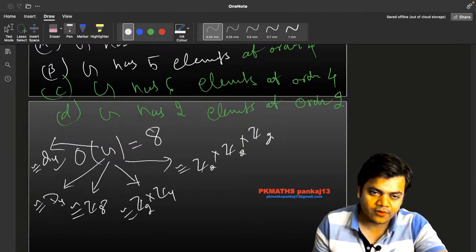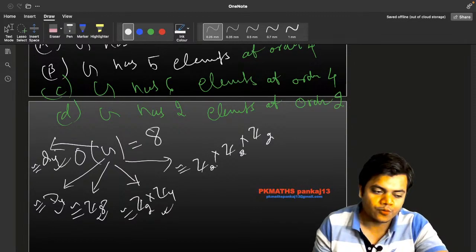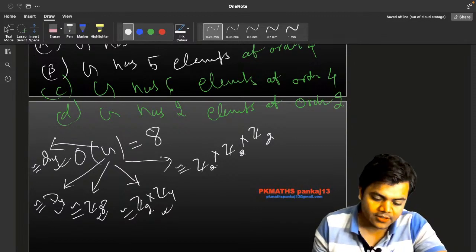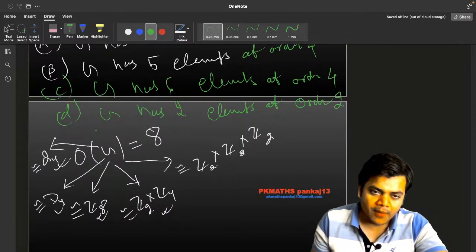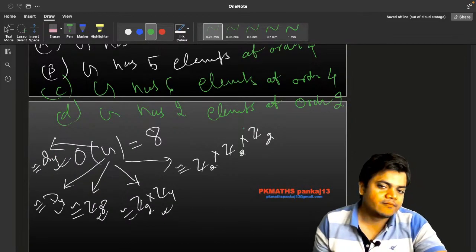So these are the groups of order 8, isn't it? D4, Q4, Z8, Z2 cross Z4, and Z2 cross Z2 cross Z2. All these groups are of order 8. And this G might be isomorphic to any of these 5 groups.